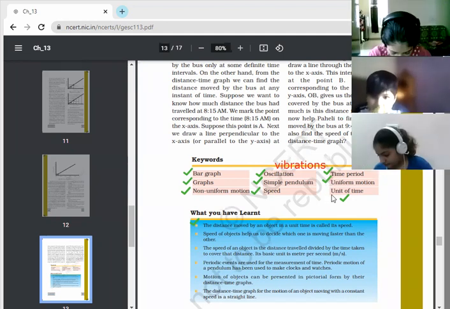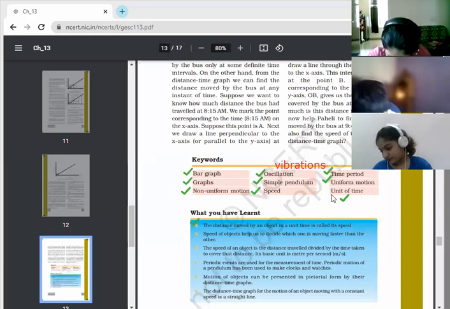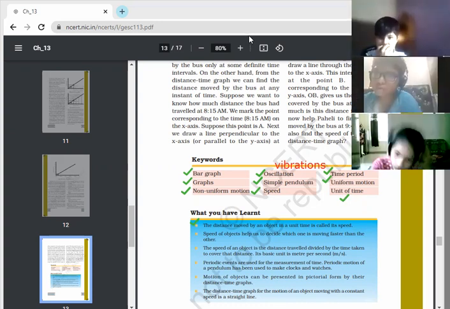Okay. Next is unit of time. Unit of time means, ma'am, yes, tell. If the speed of an object moving along a straight line keeps changing, its motion is said to be non-uniform motion. Uniform, beta. We are talking about uniform motion, and this we have done.